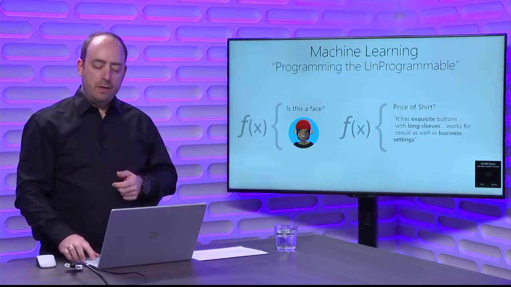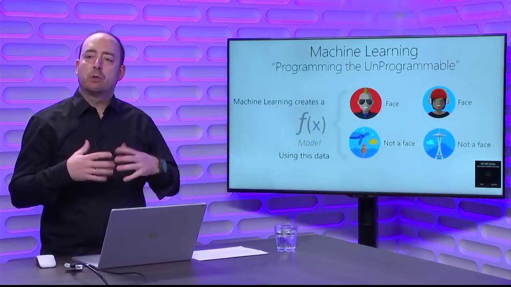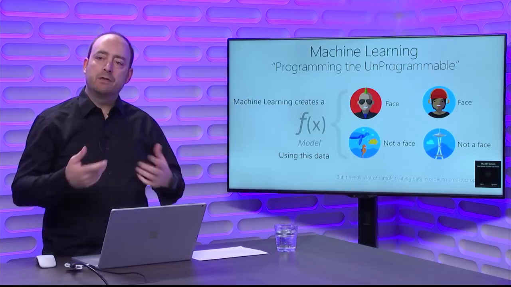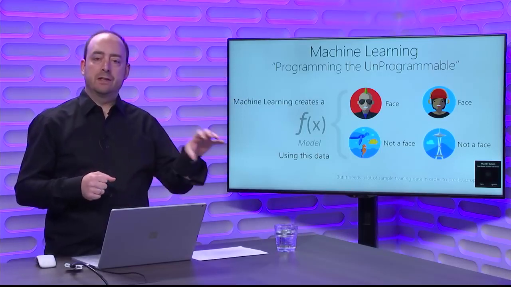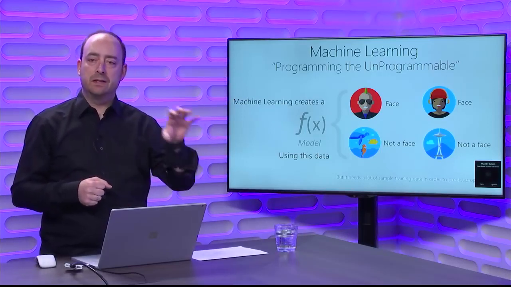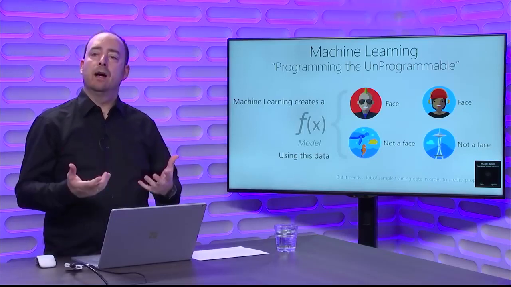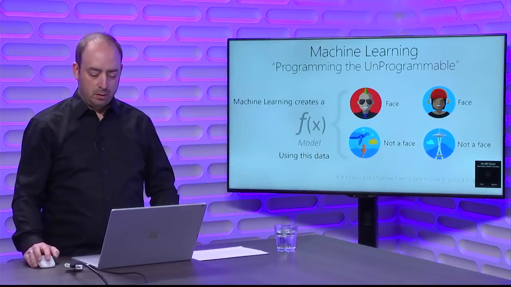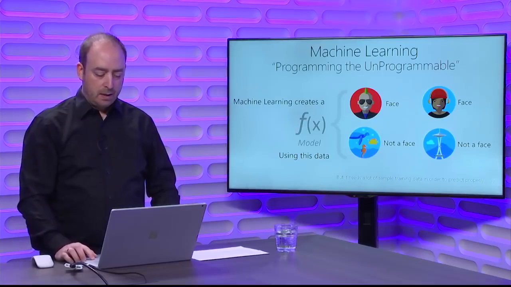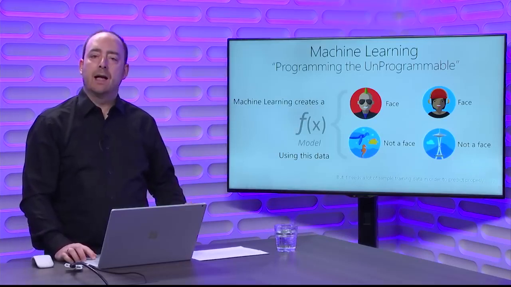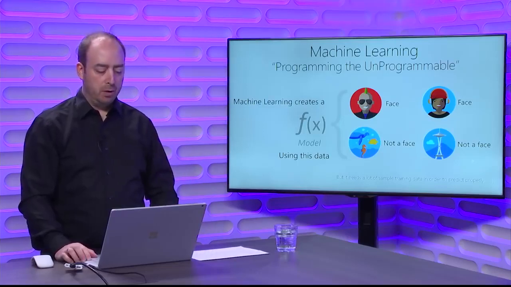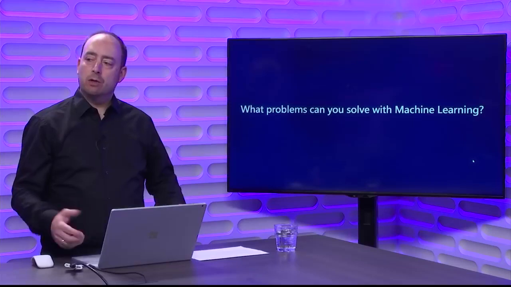In order to do that with artificial intelligence, you need to train a model. So you provide a bunch of data about faces. You say this is a face, this is not a face. And then based on that training, the model would work. Something important is that you need a lot of data to train machine learning models. So let's go to the next thing.